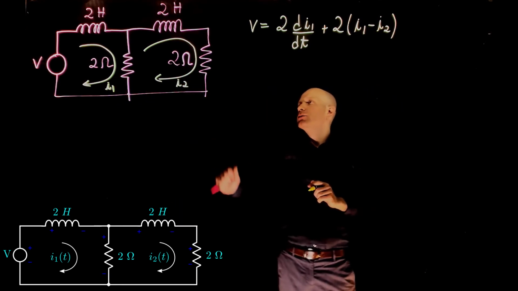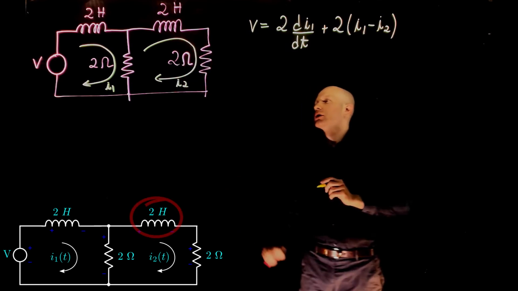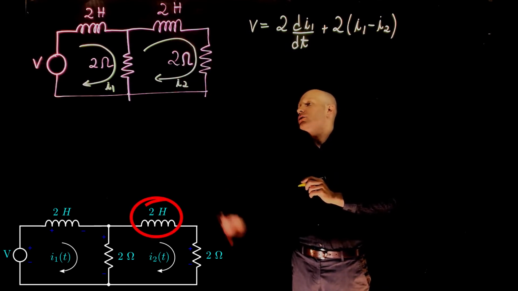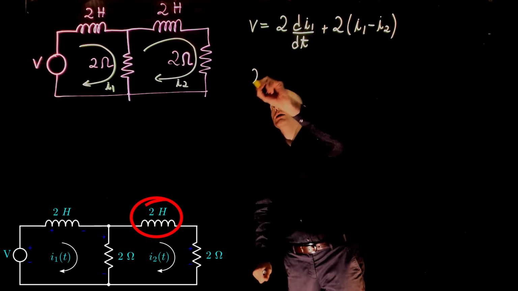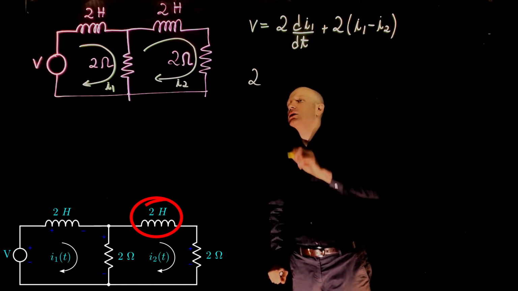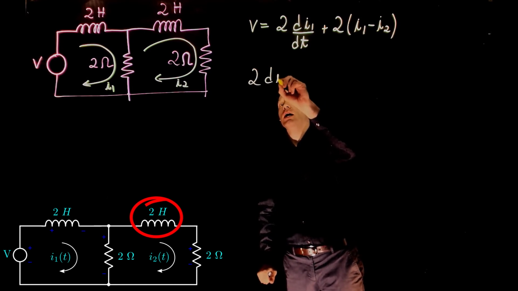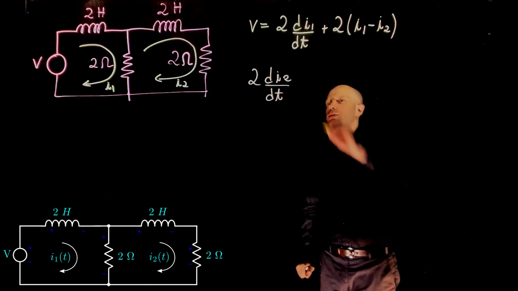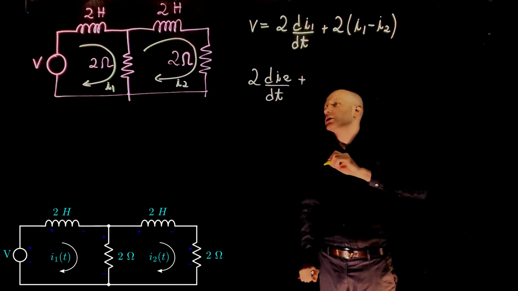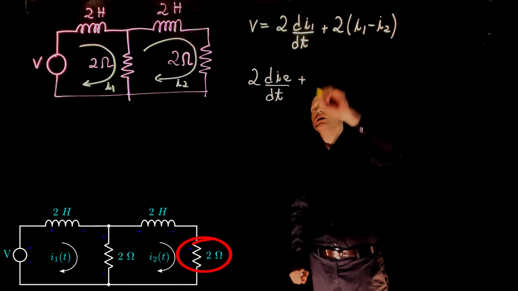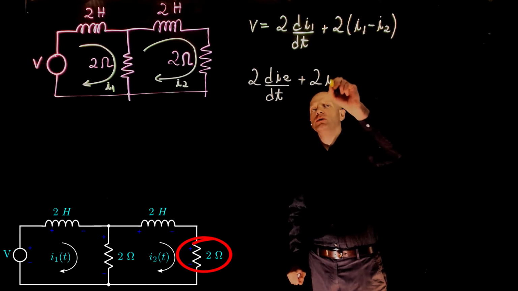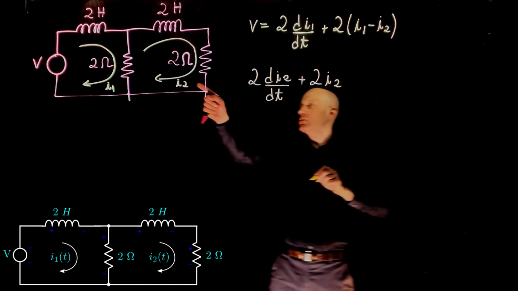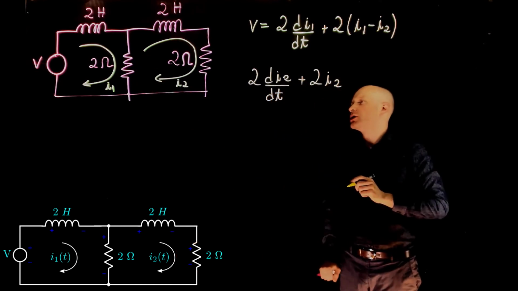If you now look at loop 2, it's starting up here with the inductor. The voltage drop across that inductor is the inductance, 2 Henry, times the derivative of the current, di2/dt. The voltage drop across the resistor is simply I times R, that is 2 ohms times I2, and plus the voltage across the inductor.